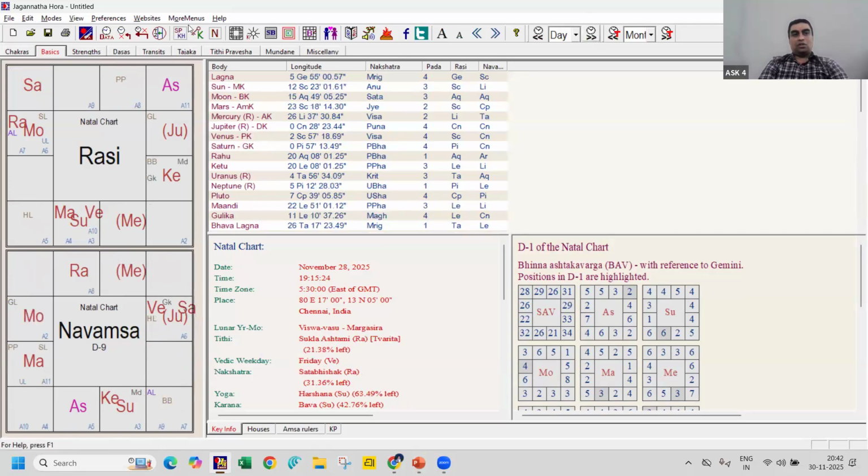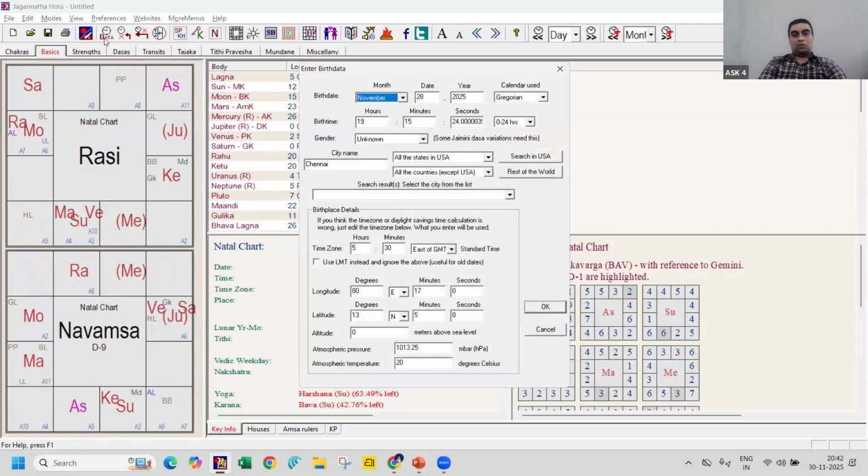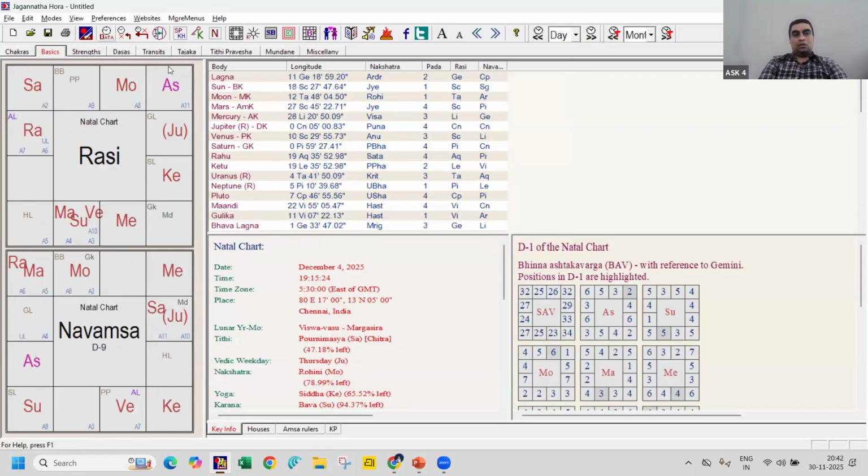And then when you actually reach December 4th, the moon has come exactly 180 degrees opposite of the sun, which is when the Margashirsha Paurnami or Purnima has started, right? So there's a 180 degrees angular separation between the sun and the moon. So you can see that the tithis are a function of the angular separation between the sun and the moon.